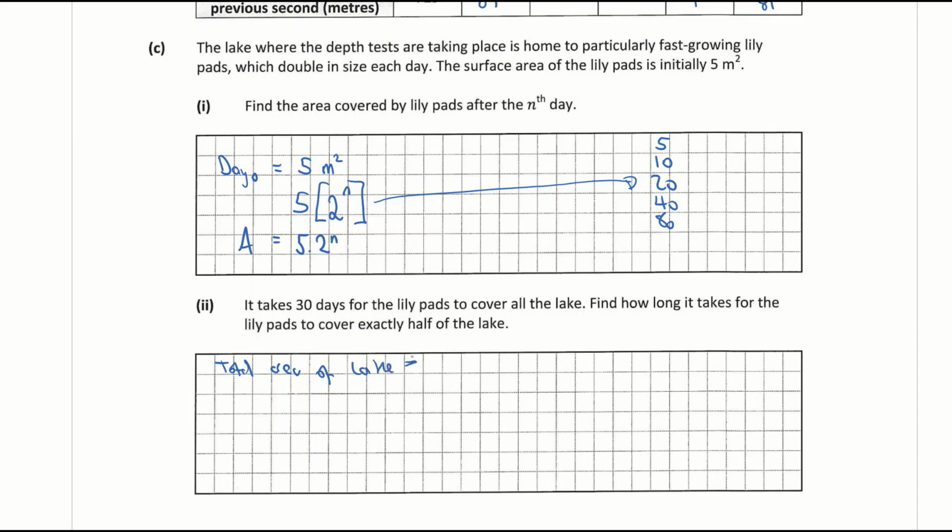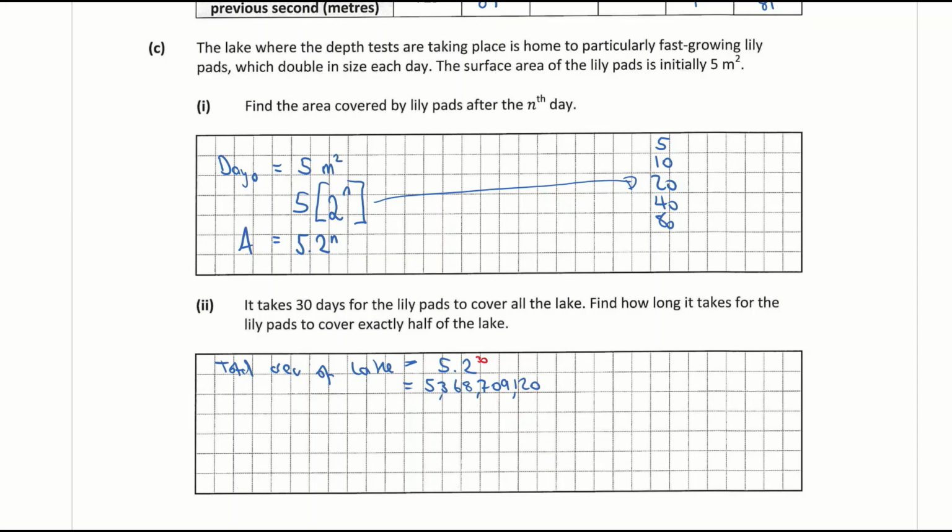We need to find the total area covered by the lily pads, and we know that it takes 30 days to cover the lake, so that would be 5 times 2 to the power of 30, and that is giving us a total area of 5368709120, so quite a very large number there.